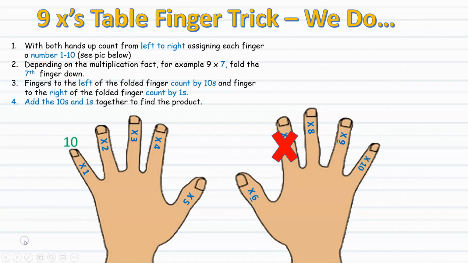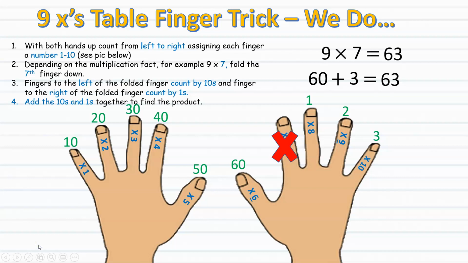So let's begin. 10, 20, 30, 40, 50, 60. So we're going to keep 60 in mind. And then the fingers to the right of the folded finger, we're going to count by ones. 1, 2, 3. Then we're going to add the 3 and 60, which gives us 63. Therefore, we know that 9 times 7 equals 63.